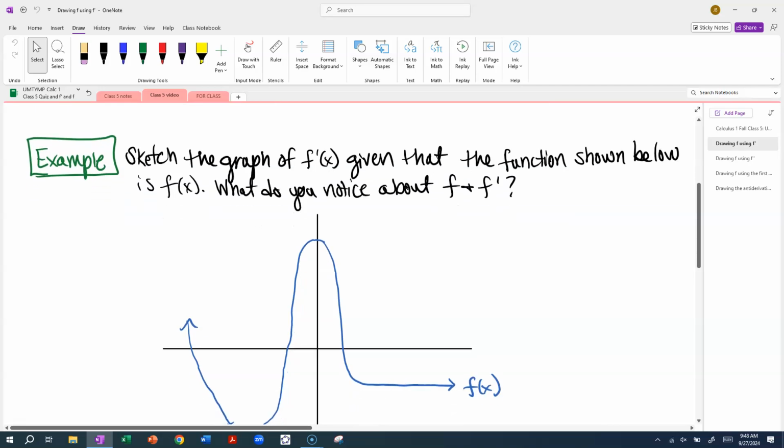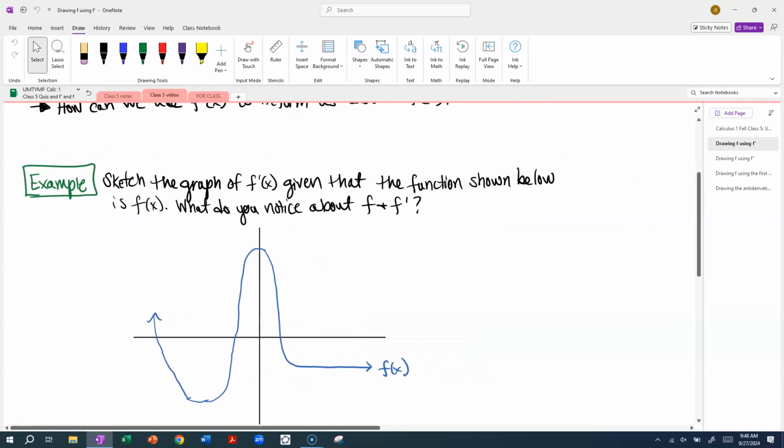Okay, and so here is an example kind of going one direction. So we want to use this given f of x function to graph f prime of x. And then we want to ask ourselves what we notice about f and f prime. Again, what we did before is we took different points on f of x, and I'm just going to do some of them.